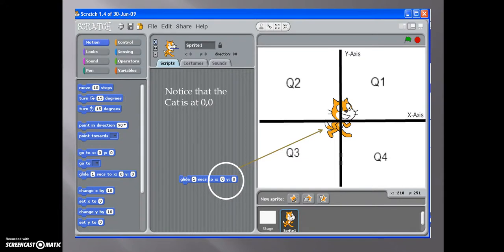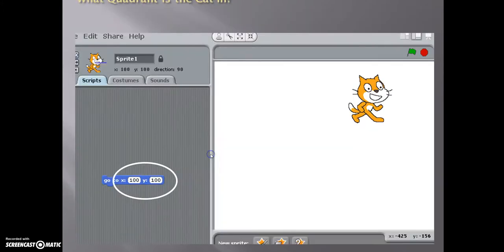When you go to Motion and grab your glide or your go-to block, it's already going to be labeled with the position of that sprite. So if you grab one of these and drag it out here, it's already going to have the position of that sprite.